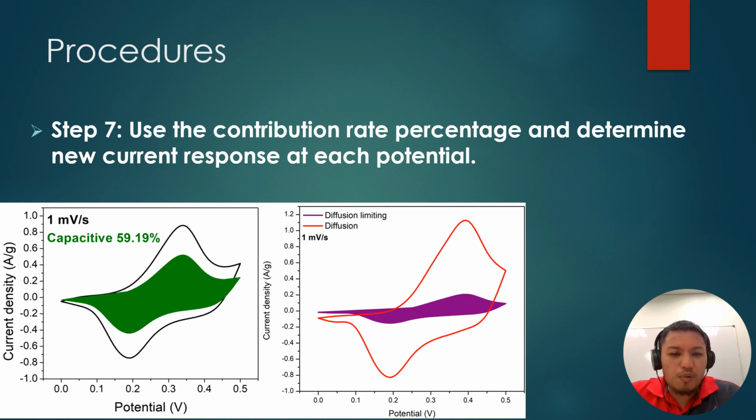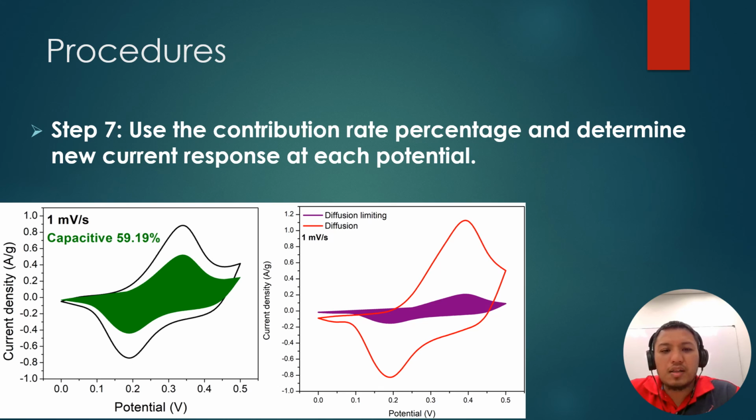Okay, then it is possible to get a graph like this. If you don't like to plot the graph with the green and black lines here, you can calculate both diffusion and diffusion limiting. It doesn't matter, both can work. So in order to visualize your findings, you can do whatever you want.